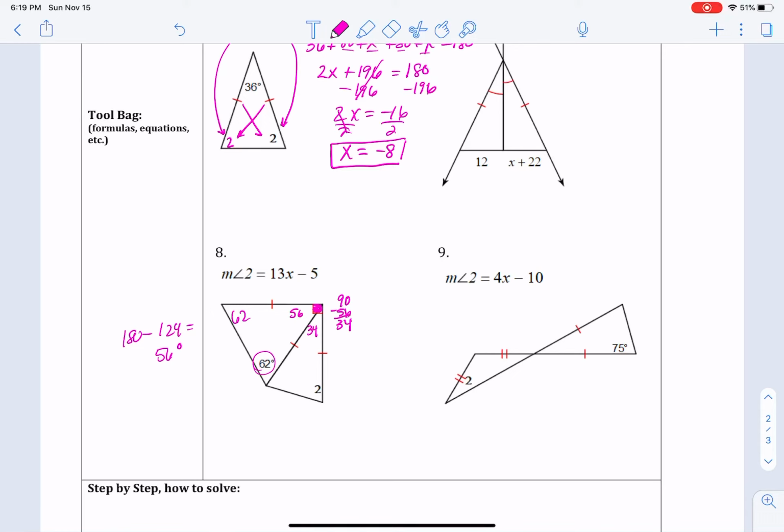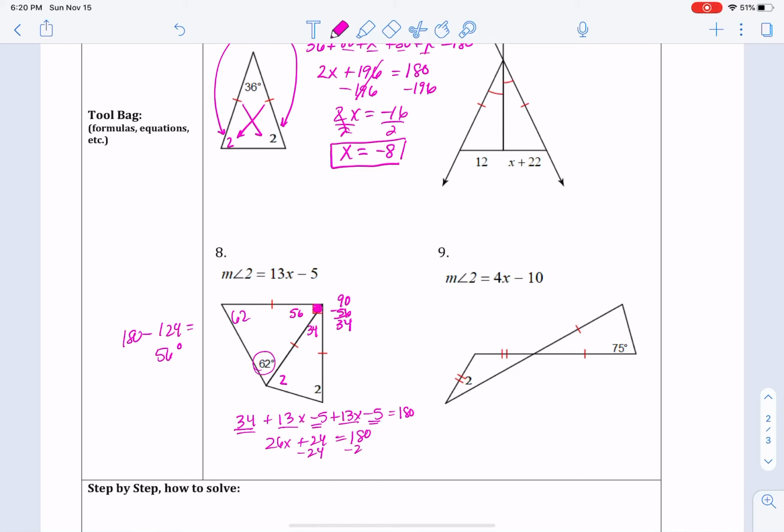Now I know that this is also a 2x, so now I know that 34 plus 13x minus 5 plus 13x minus 5 equals 180, because we have a triangle. So 13x and 13x is 26x. 34 minus 10 is positive 24, so 26x plus 24 equals 180.